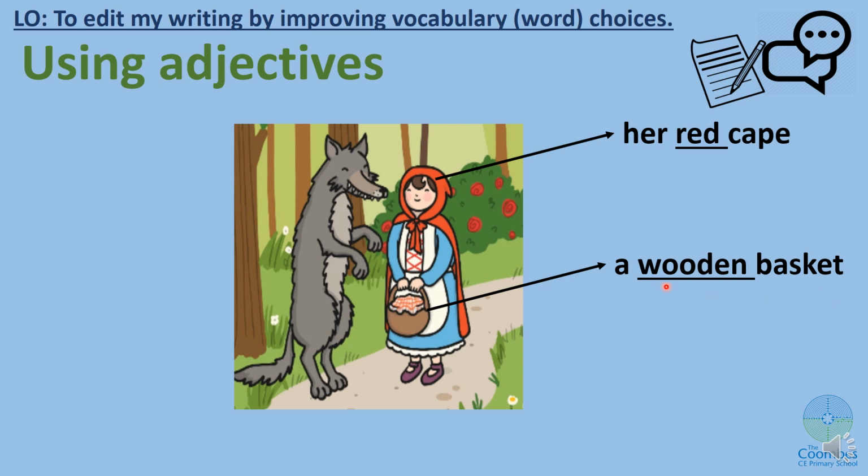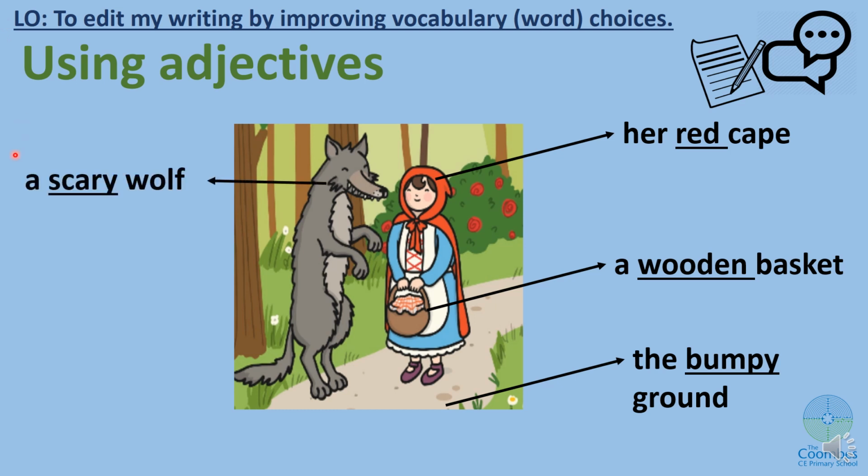It's describing the basket that she is carrying. I could have also written brown basket or small basket. I've described the ground as well. I have written the bumpy ground, but thinking of a synonym for bumpy, I could have written the rough ground.